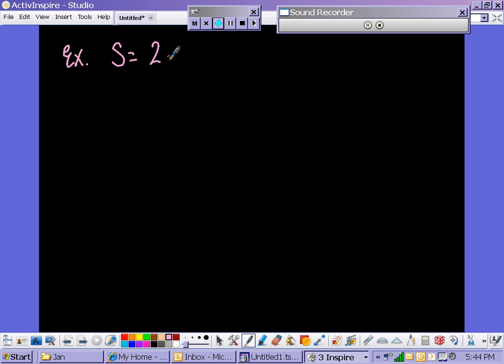I said 2 meters, R was a question mark, and theta was 125 degrees. So we're looking for R again, so that's going to be R equals S over theta.